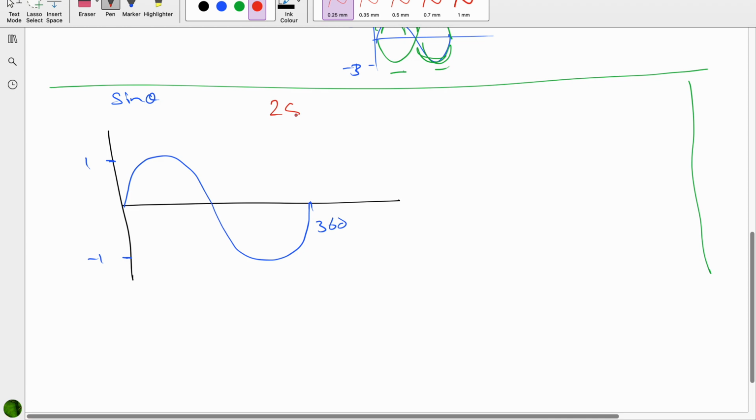And we draw 2 sine theta on the same graph. Only the amplitude changes, all other things remain the same. So it reaches a maximum value of 2 and minimum value of -2. This point is 2 and this is -2.